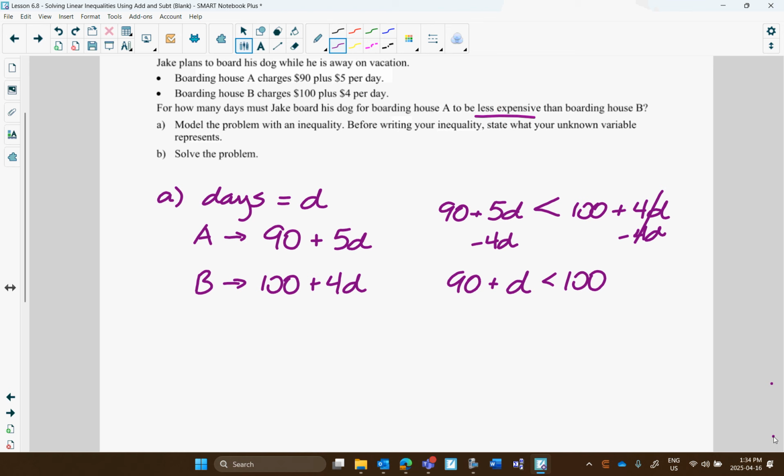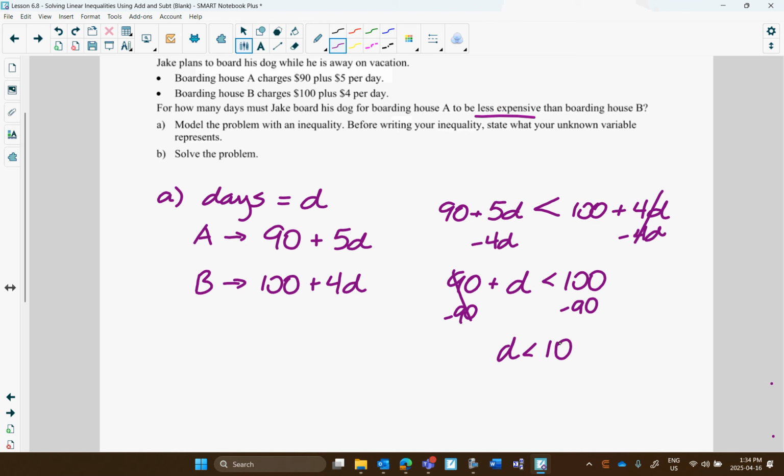Now, subtract 90 from both sides, and I get D is less than 10. Here's where you got to be careful, is writing your sentence. Because the answer is not 10 days. The answer is less than 10 days.